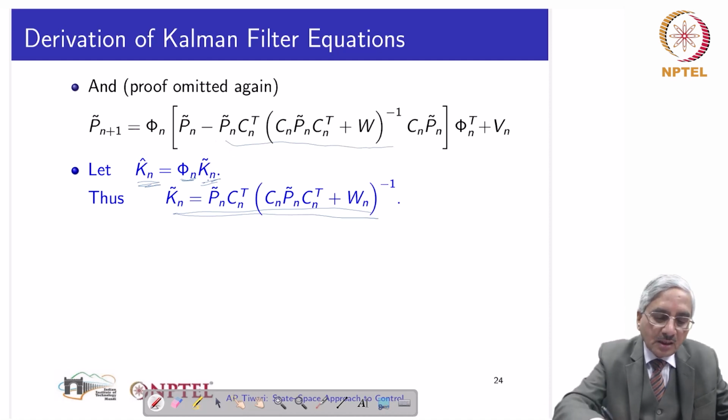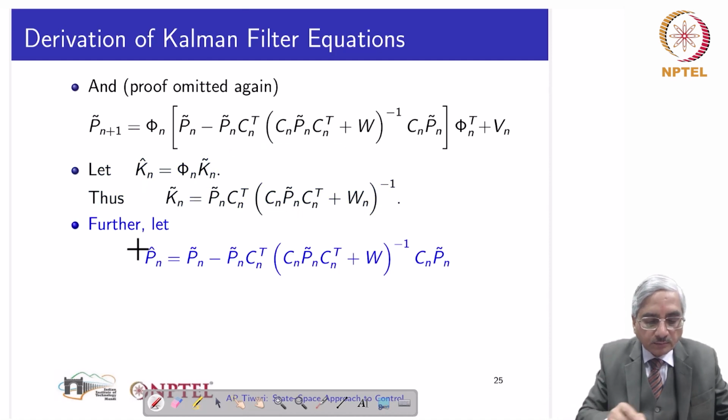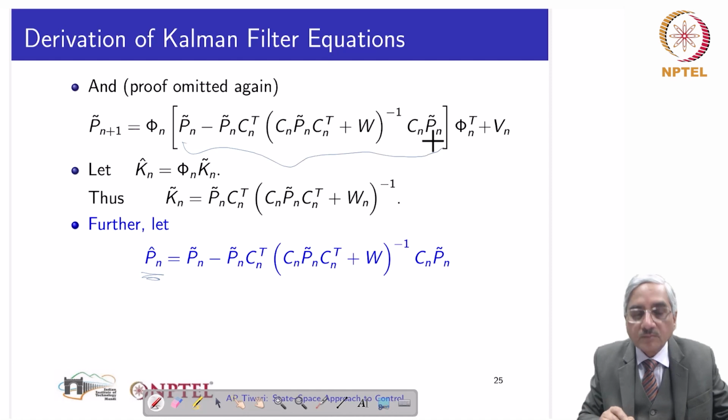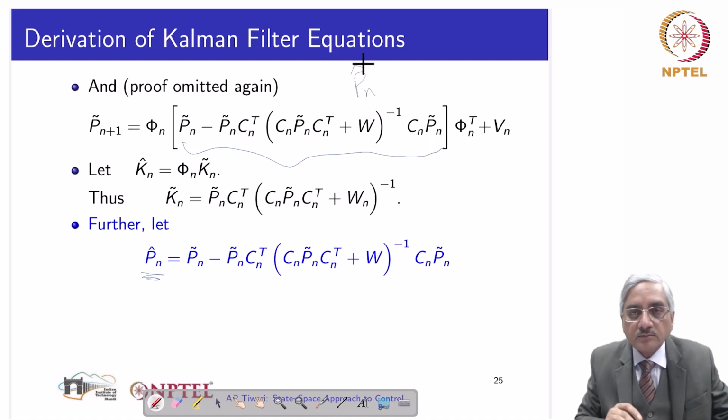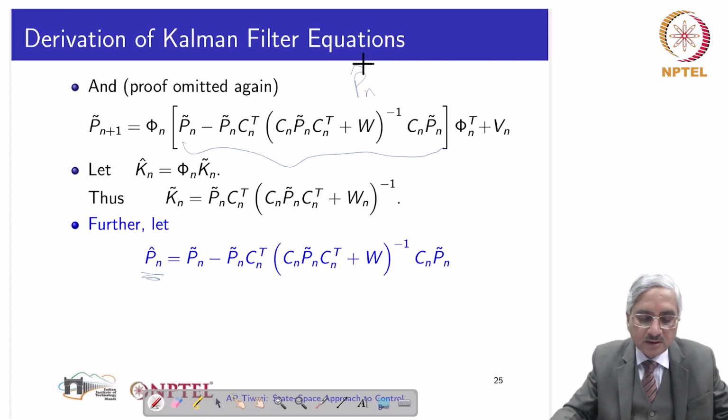So this Pn plus 1 tilde, okay, one more notation: Pn hat we are representing by this whole thing. This we are calling Pn hat. So essentially we are trying to get a recursive form of equations.